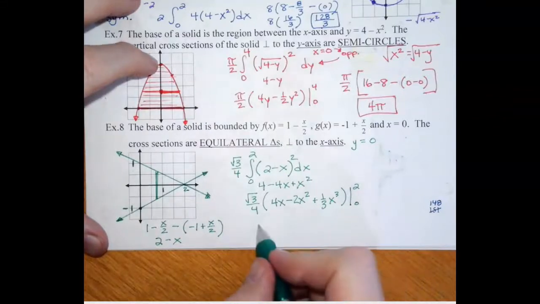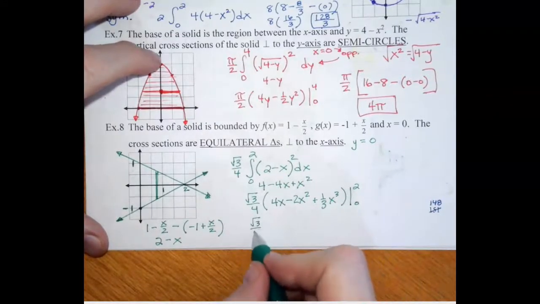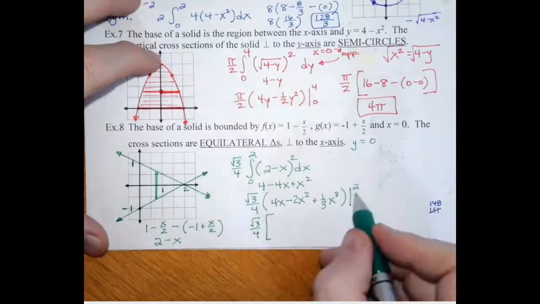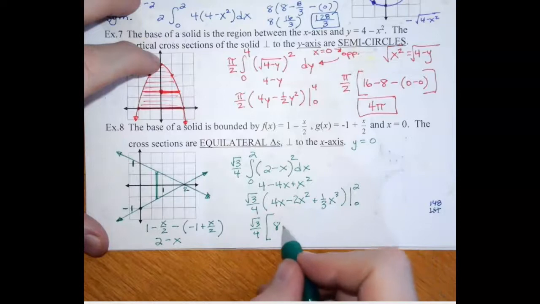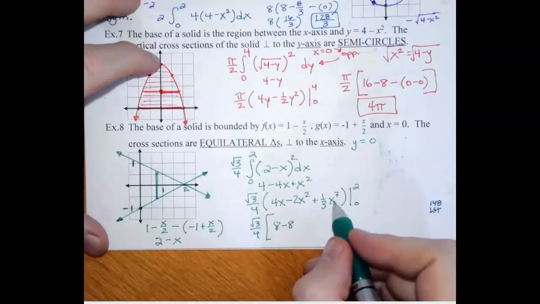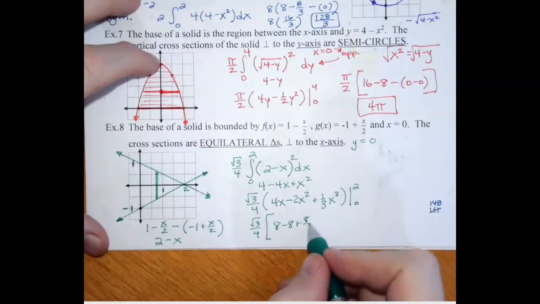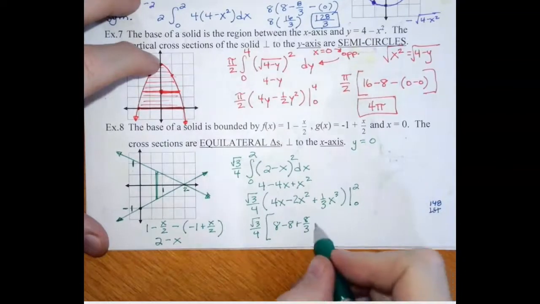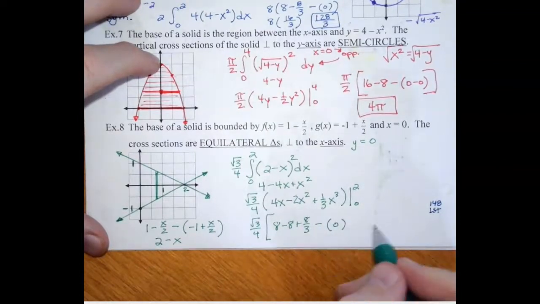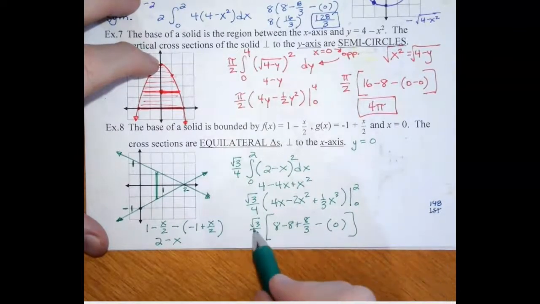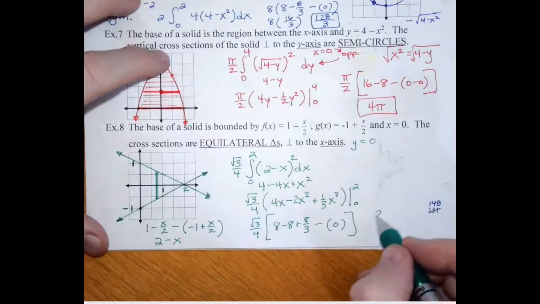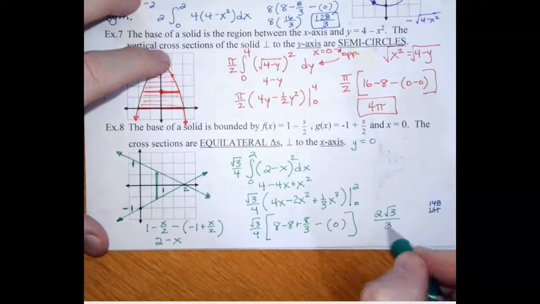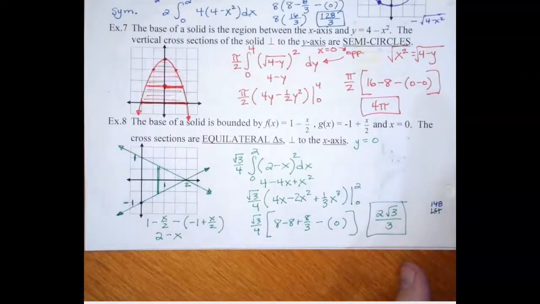Okay, so root 3 over 4, plug in 2, that's going to be 8, plug in 2, that's going to be minus 8, plug in 2, 2 cubed is 8, that's 8/3, minus 0. I'm not going to write 3 zeros out there. These are going to cancel, so we have this times this, 8 over 4 is 2, so 2 root 3 over 3.